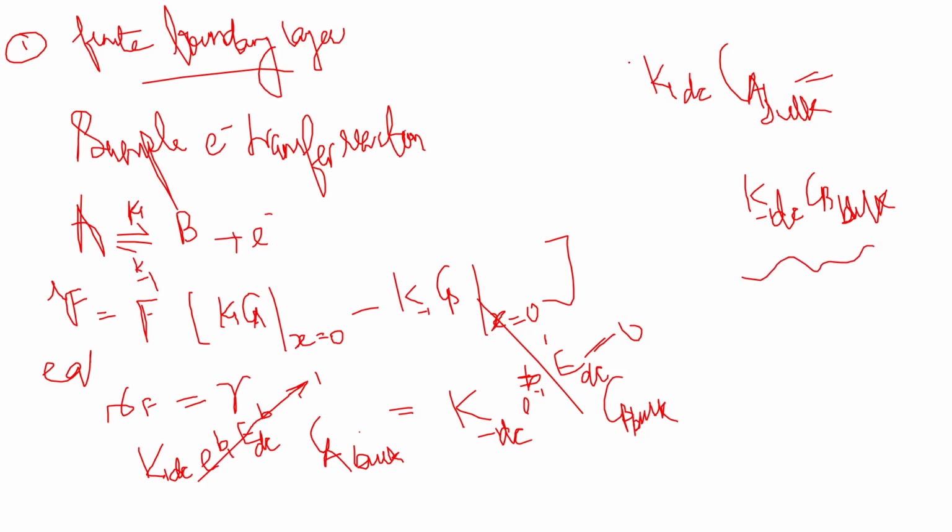This is the condition at equilibrium. Then you should also know what b1 and b2 are. b1 is nothing but alpha nF by RT, where alpha is the symmetry coefficient, n is the number of electrons, F is Faraday's constant. And then b minus 1.